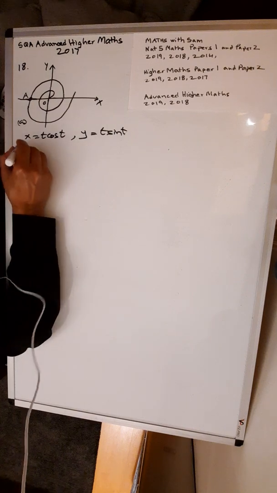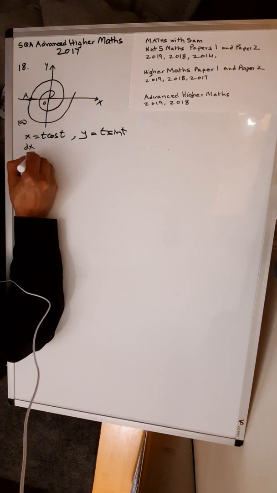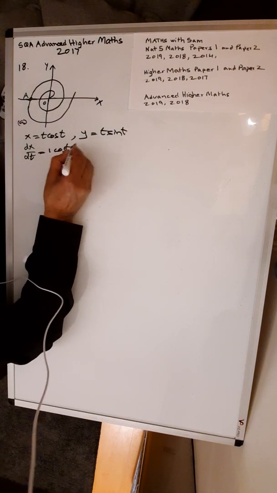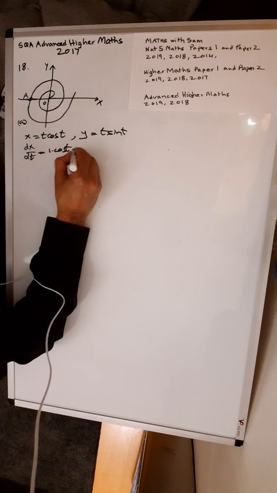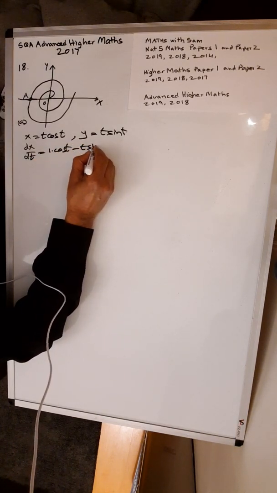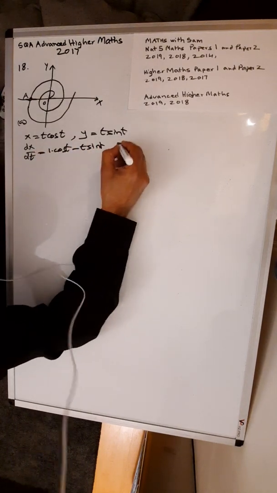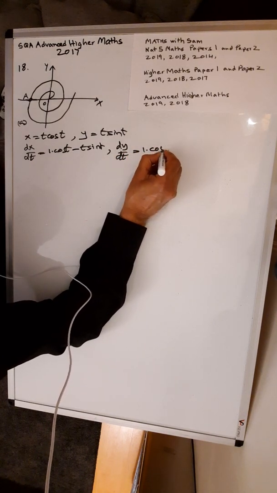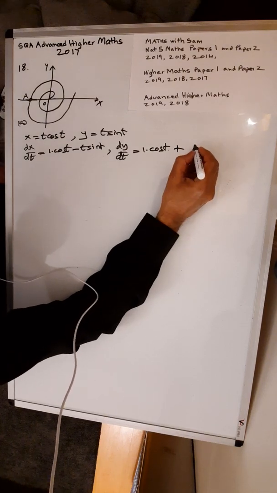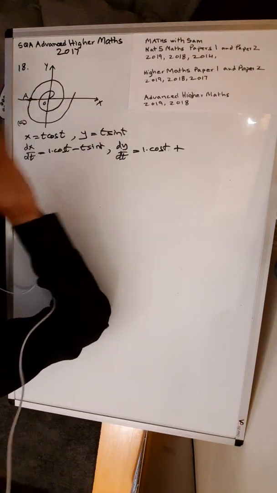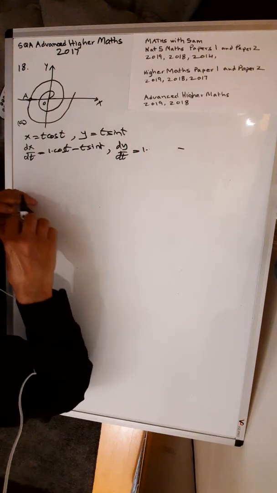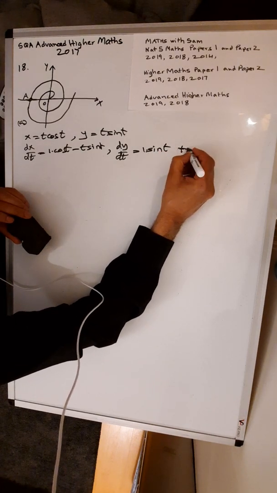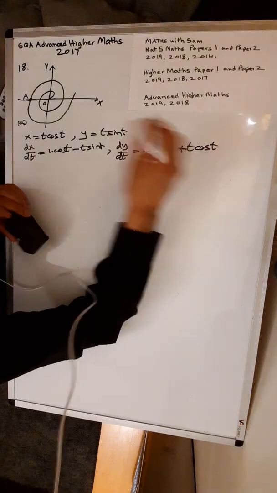Okay, instantaneous speed. So you need your dx by dt, which is 1 times cos t using the product rule, minus t times sin t, and dy by dt as 1 times cos t plus 1 times sin t, 1 times sin t plus t cos t.